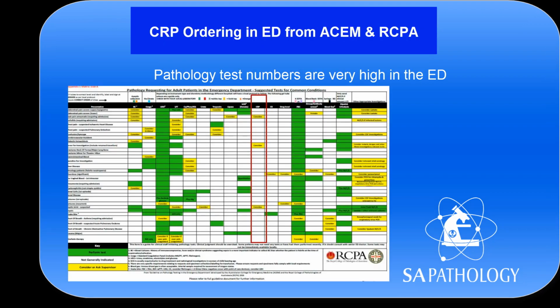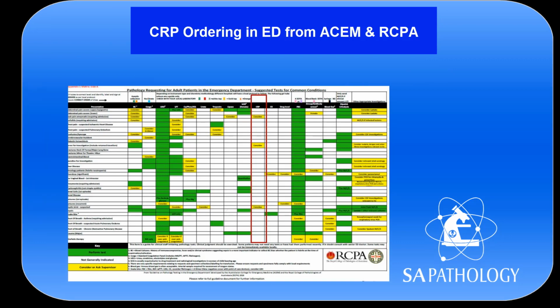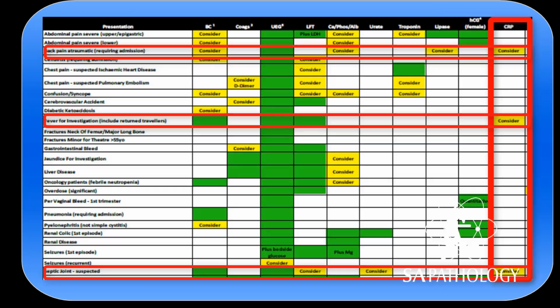Pathology test numbers are very high in the emergency department, a key area for identifying patients with infections to start treatment. The Australasian College of Emergency Medicine and the Royal College of Pathologists issued a joint guideline for pathology testing in the emergency department in 2018.